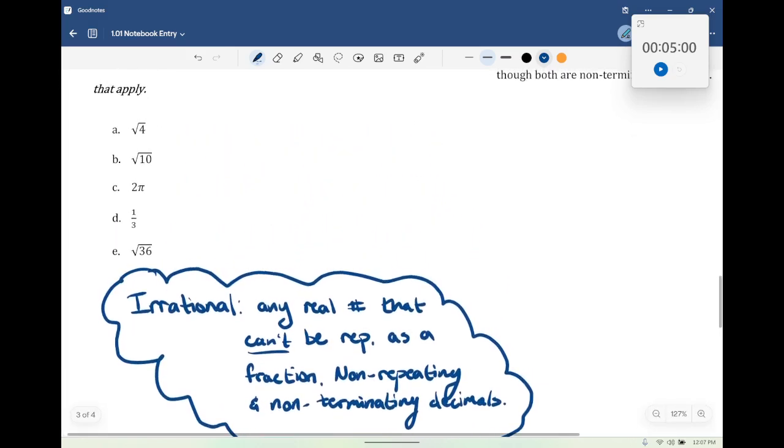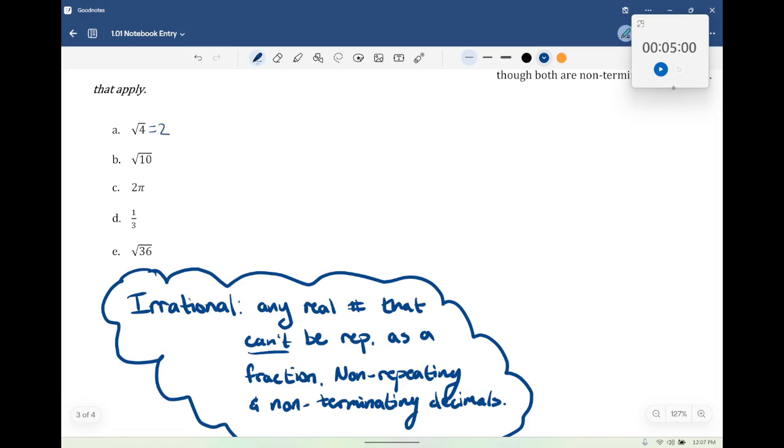And so, let's re-look at the problem then, right? Because if I want to know which of these are irrational, well, process of elimination is truly going to be our friend here. And so, let's look at A. Okay, the square root of 4. Well, let's see if we can do this. Raise your hand. What is the square root of 4? 2. Why? 2 times 2 is 4.